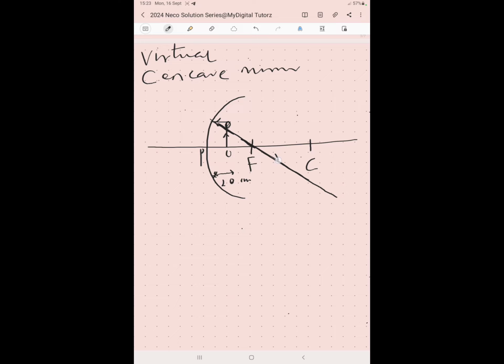This is the reflected ray. Now the ray that passed through the center of curvature is reflected through the center of curvature undeviated. So when you produce these two rays backward, the point of intersection is where the image will be formed.